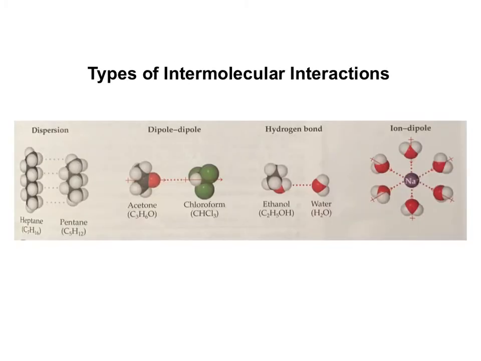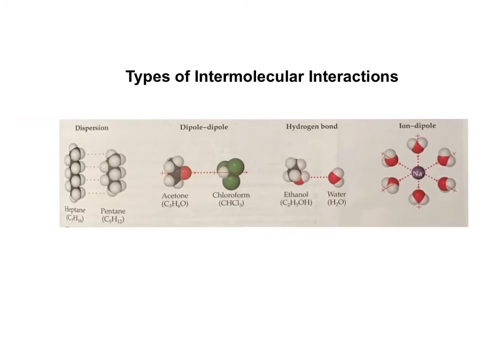Okay, so for the last chapter, we saw that there were different types of interactions. First one is a London dispersion interaction between nonpolar molecules or between atoms that are neutral. The dipole, here's an example of acetone, like methyls, and then there's a carbon and then an oxygen with chloroform, which is like methane.